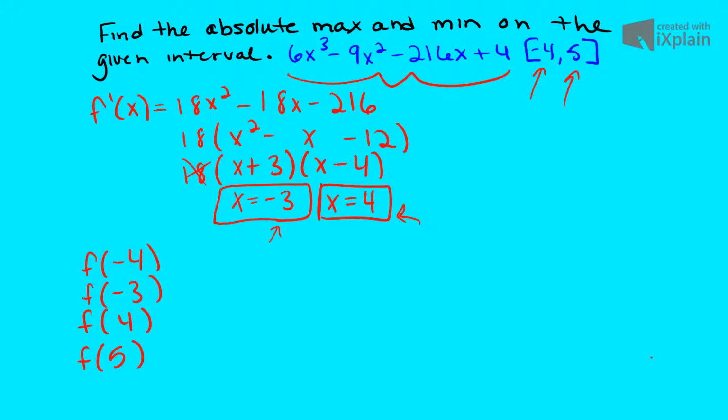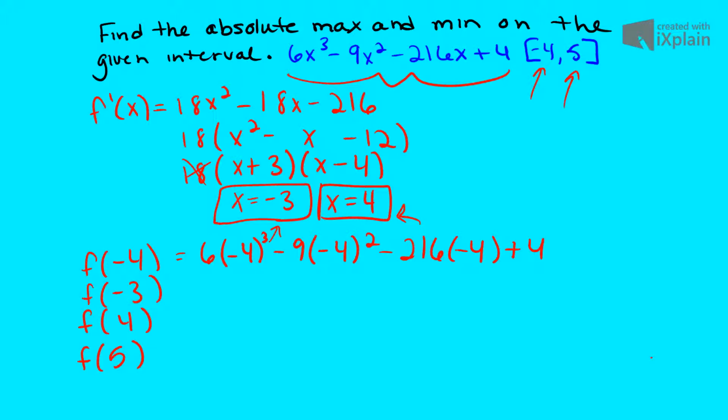Pretty much all we're doing here is, for instance, we would plug f of -4 into the original equation, so we'd get 6 times -4 cubed minus 9 times -4 squared minus 216 times -4 plus 4.